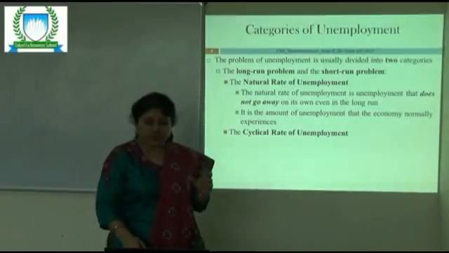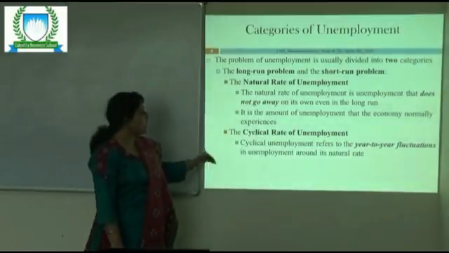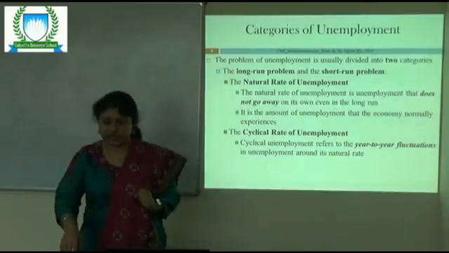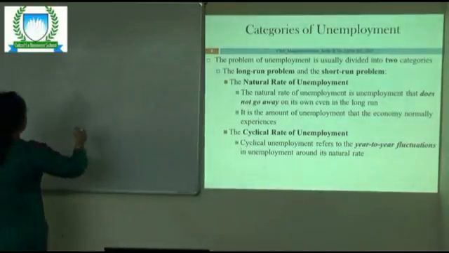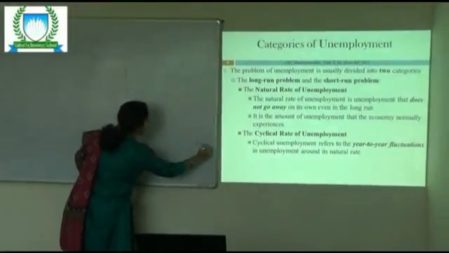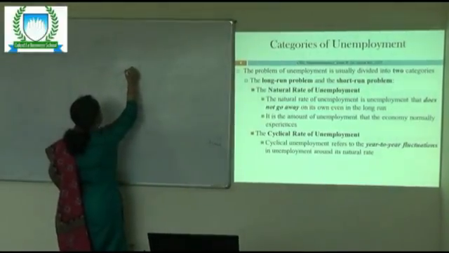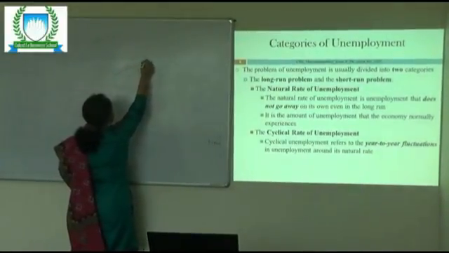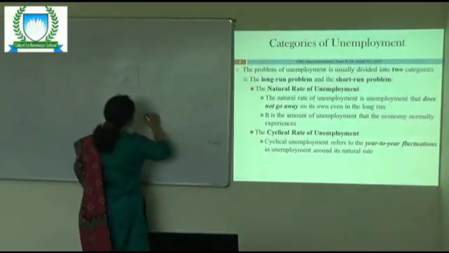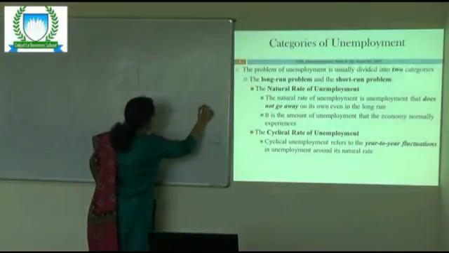Now what do we mean by the cyclical rate of unemployment? Cyclical refers to the year-to-year fluctuations in unemployment around its natural rate. If we draw a graph of unemployment rate and time, say time on the x-axis and unemployment rate on the y-axis, then the natural unemployment will look like this and the year-to-year fluctuations may look like this.